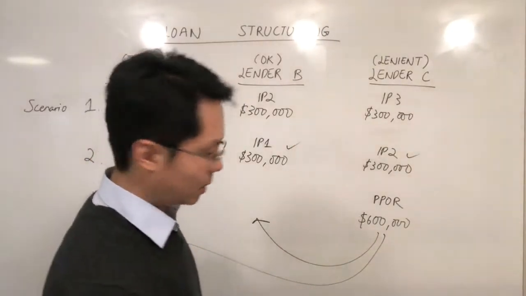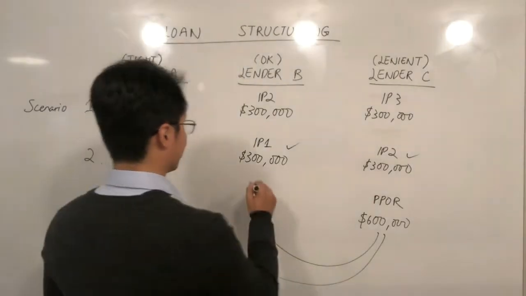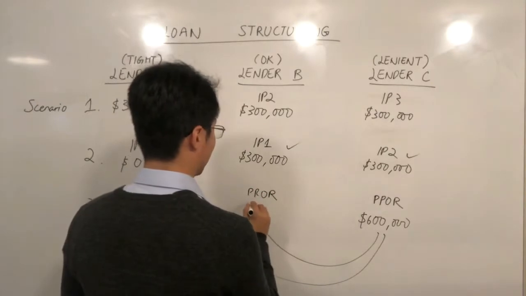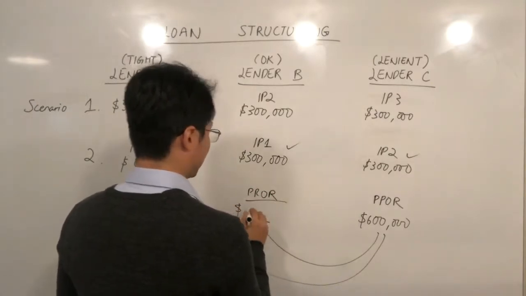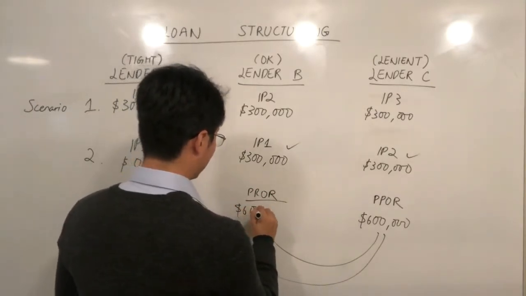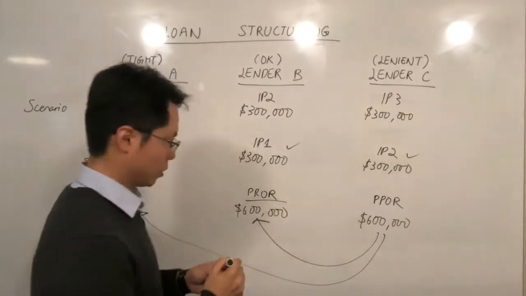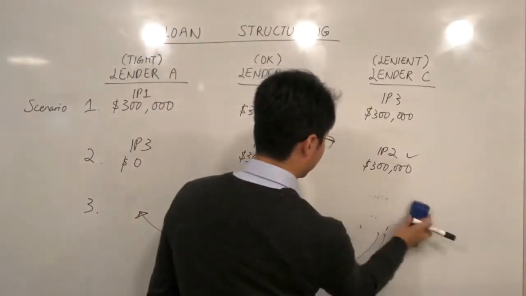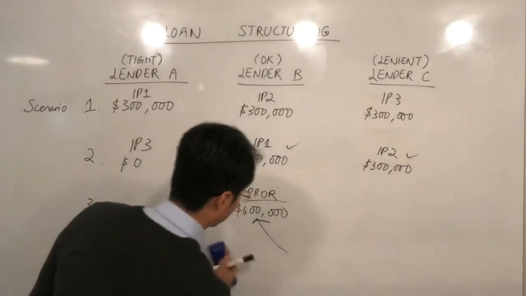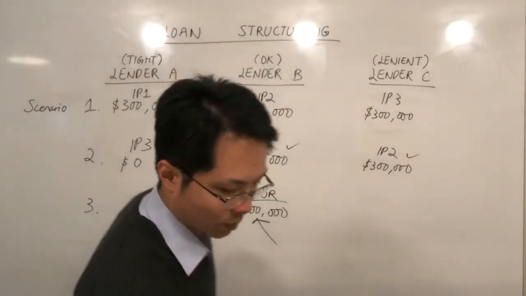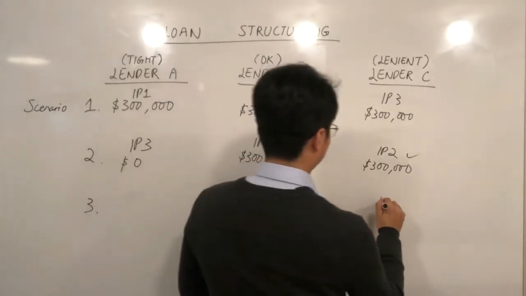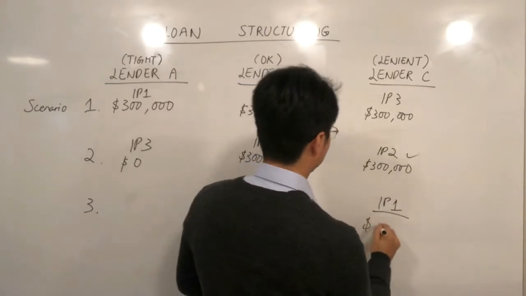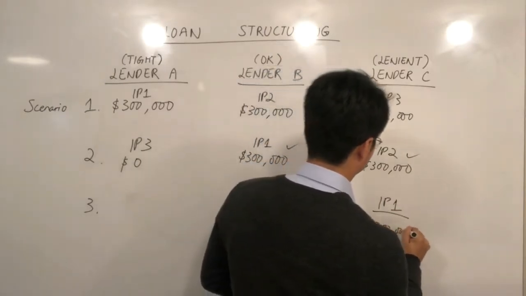So in this scenario, let's assume that we're able to move you to the moderate lender because your wife also got a relatively moderate income. So that has now moved to lender B, and what we could do then is buying your IP1 with lender C.